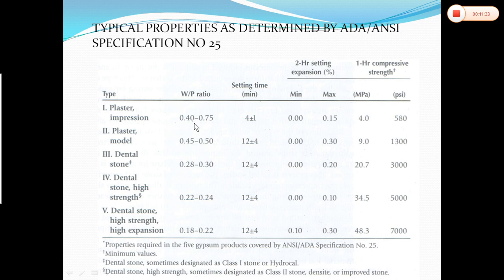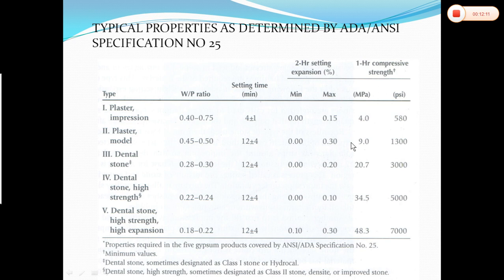As you go down, type 2 requires 0.45 to 0.5, type 3 0.28 to 0.3, type 4 0.22 to 0.24, and type 5 0.18 to 0.22. From type 1 to type 5, the water powder ratio is decreasing. In setting time, it remains more or less the same: for type 1, 4 plus or minus 1 minutes, others 12 plus or minus 4 minutes.